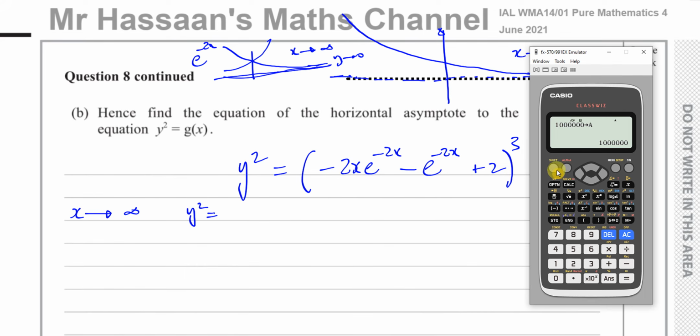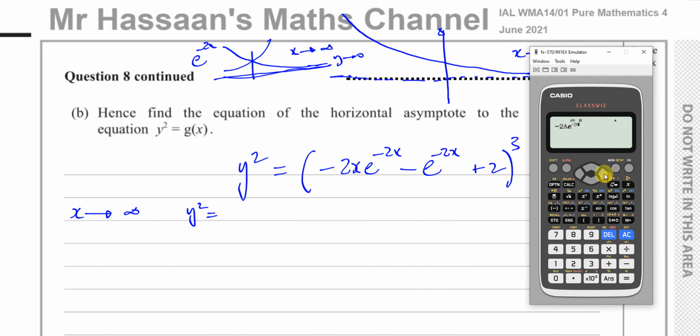When I press alpha and then that button, it's going to show up as 1 million basically. So now I'm going to put minus 2 times A, multiplied by e to the power of minus 2 times A. Remember, I've saved A as 1 million, a large number.